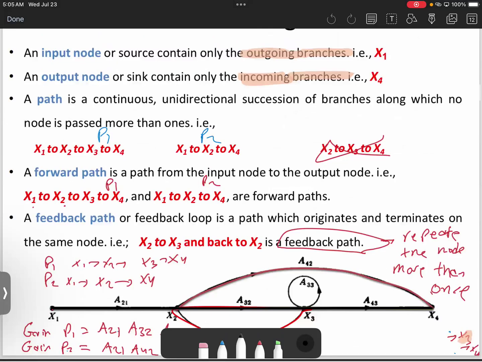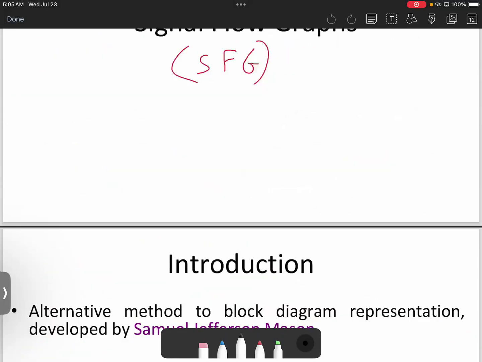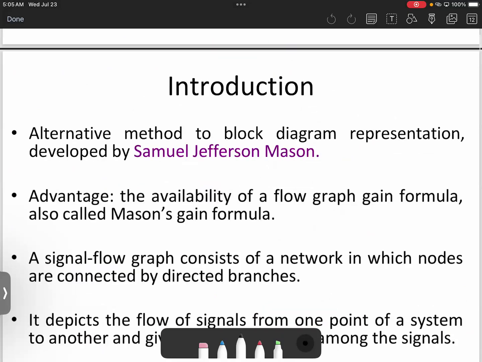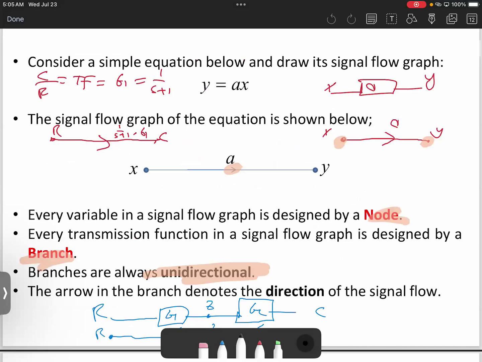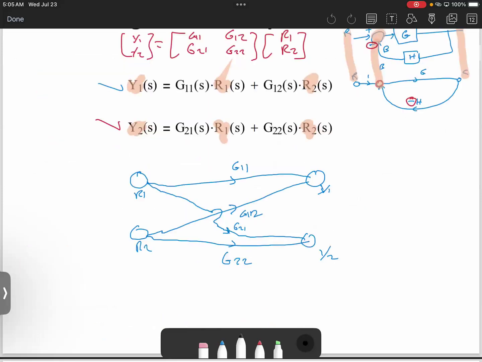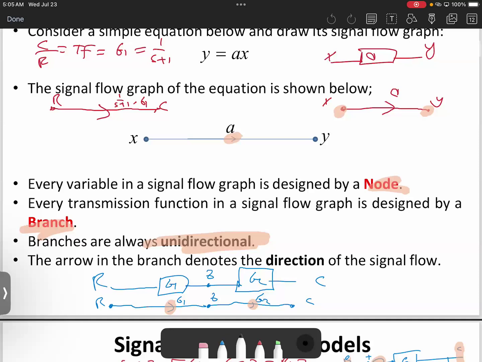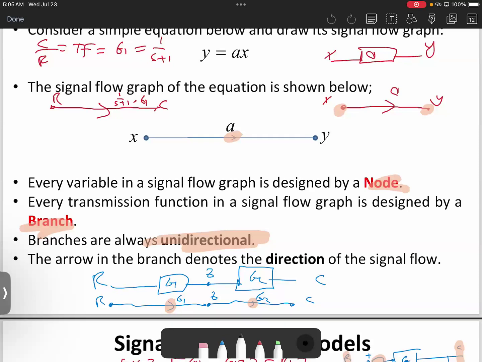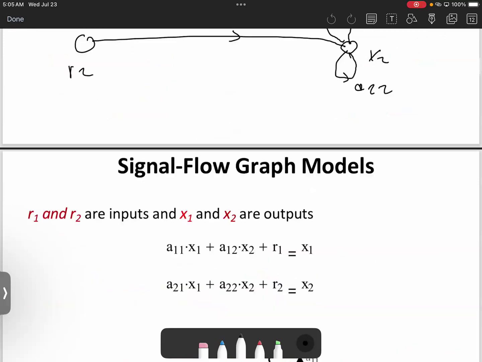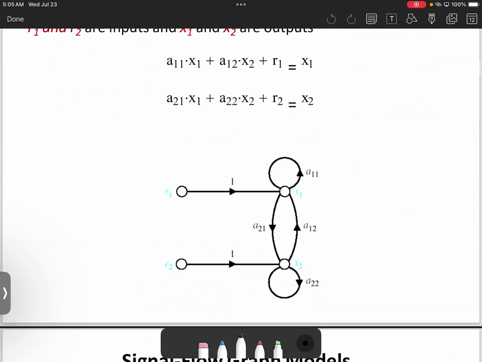Signal flow graphs are basically a representation, and instead of using the block diagram, we can use SFG or signal flow graphs. This is based on input nodes and output nodes, and the block can be replaced by an arrow, or by a branch with an arrow above it. Here are a few examples that we discussed last lecture, where we identify the inputs R1, R2, and the outputs X1, X2.